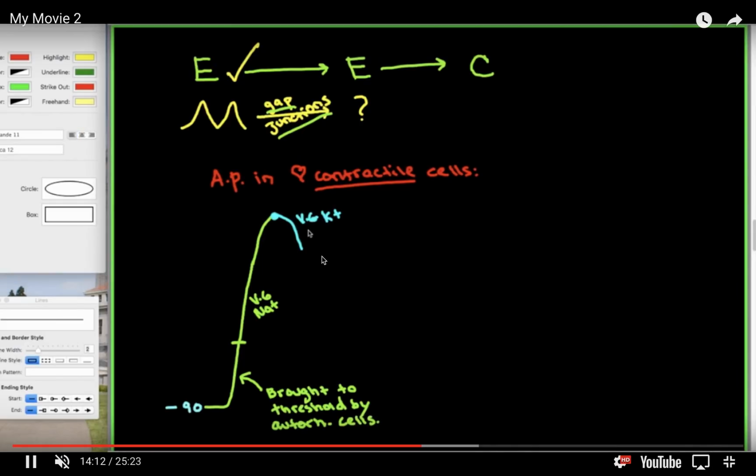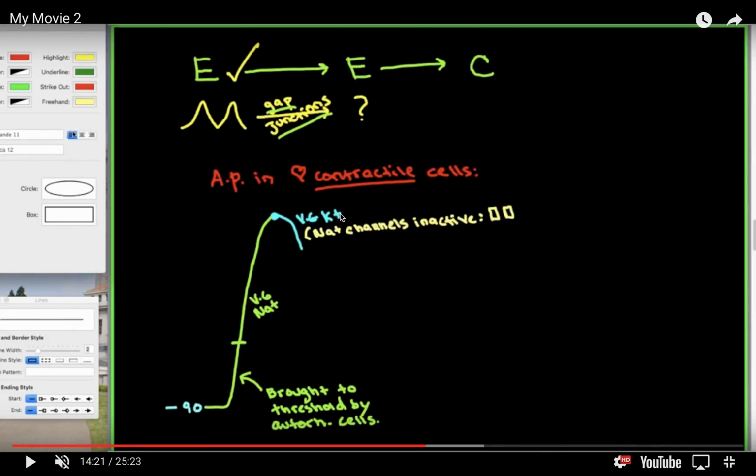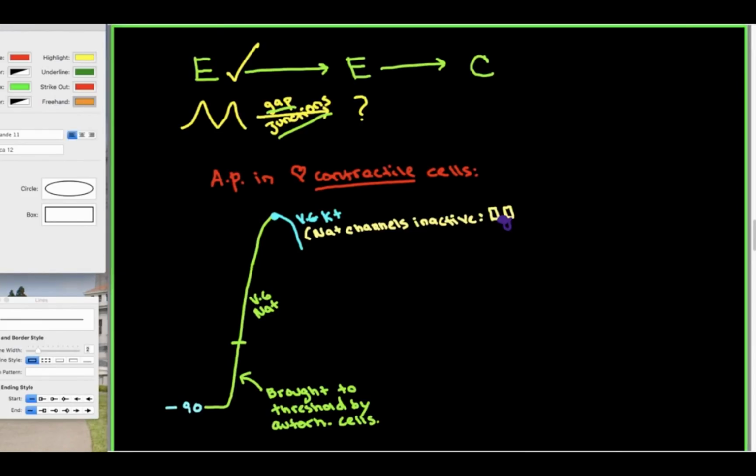Well, at this point, after they've already opened voltage-gated potassium channels, after they have already inactivated sodium channels, so remember the inactive sodium channel will look like that, where the inactivation gate is closing this channel. After they've gone through all of this, they're going to have this weird phase where they'll open up voltage-gated calcium channels to allow calcium to come in.